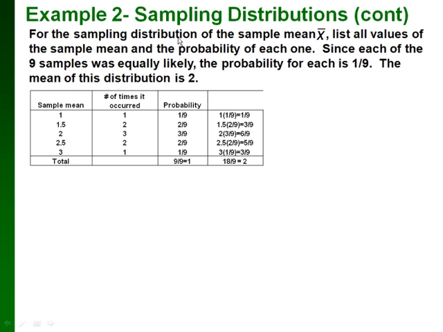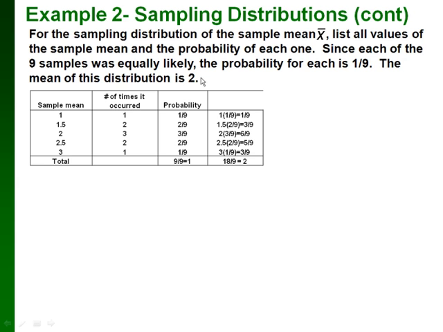If we look at the sampling distribution for the sample mean first, we would list all the different possible values for our sample mean. These are all the different values that came up from our 9 samples. The number of times each one occurred. So for example, the sample mean of 2 happened in 3 of those samples.